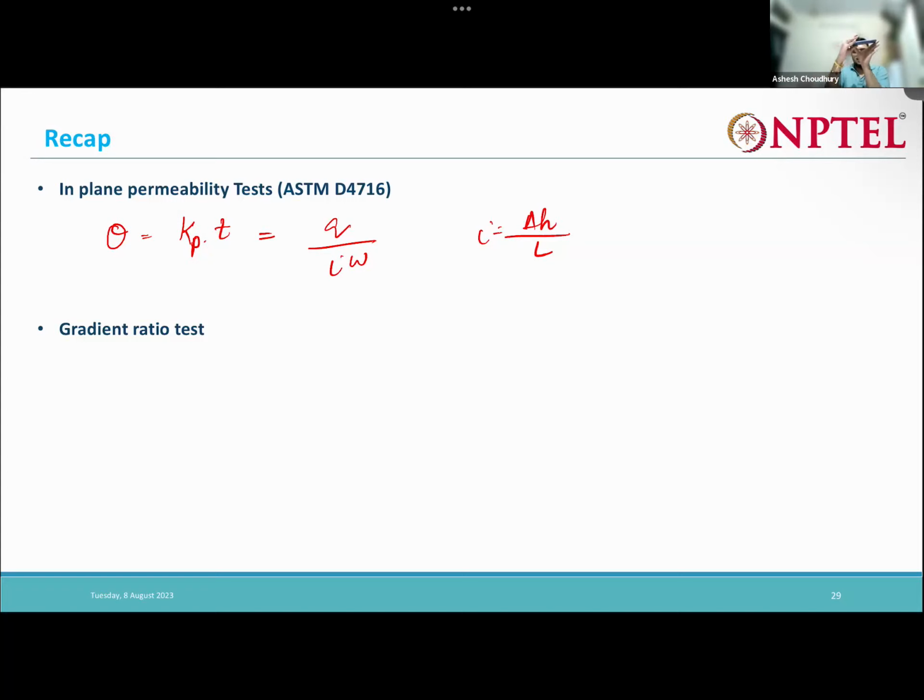So this particular length is the L. So i you can find it. And this W is nothing but the width of the specimen. So this width. Now this is the constant.